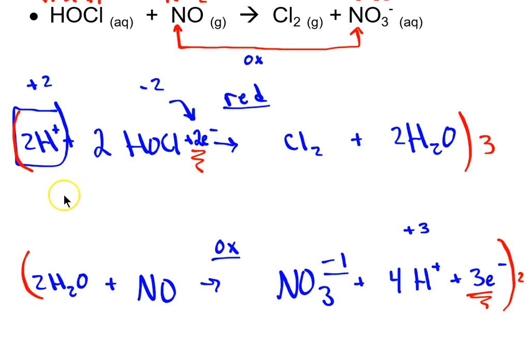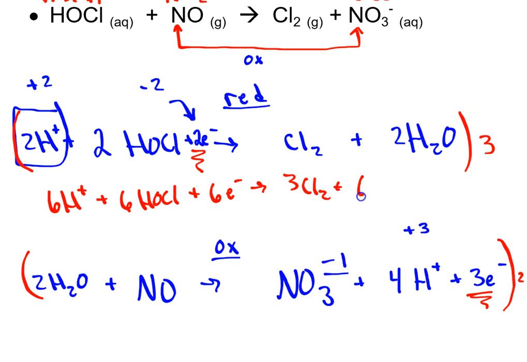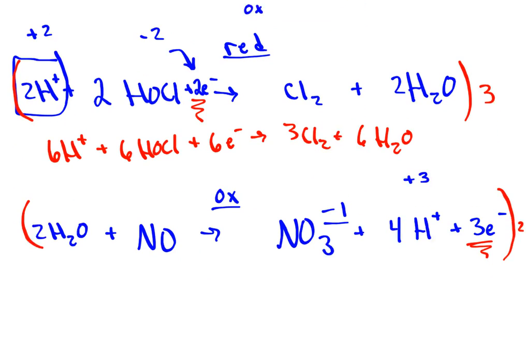Okay, so I'll rewrite this. So check me while I write it. 6H plus 6HOCl plus 6 electrons goes to 3Cl2 plus 6H2O. Did I do all that math right?